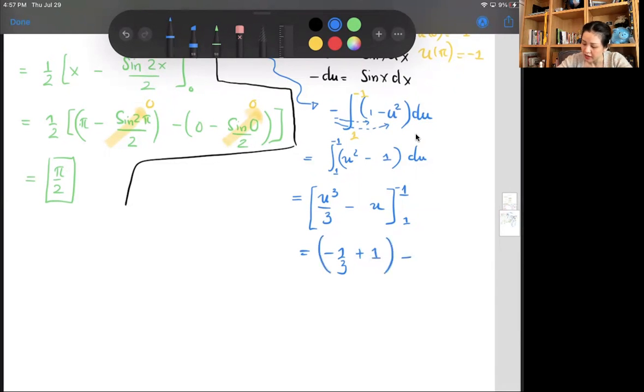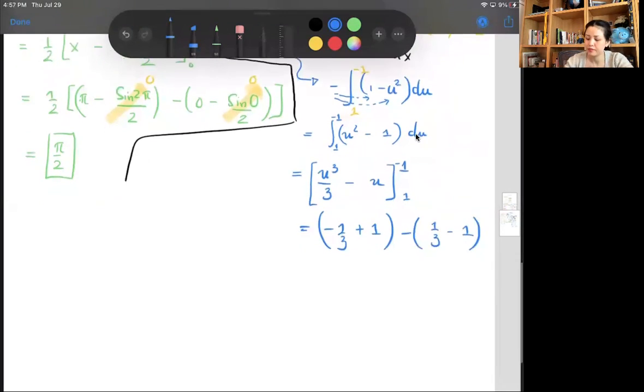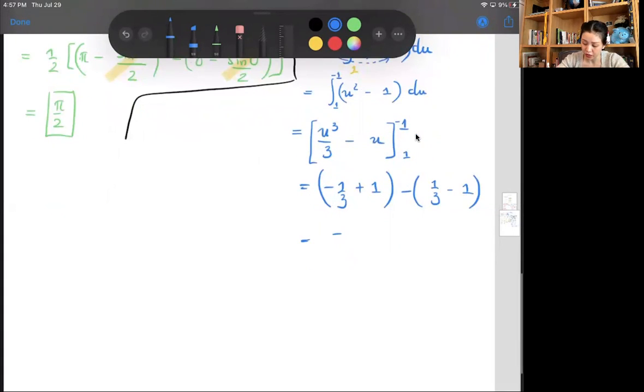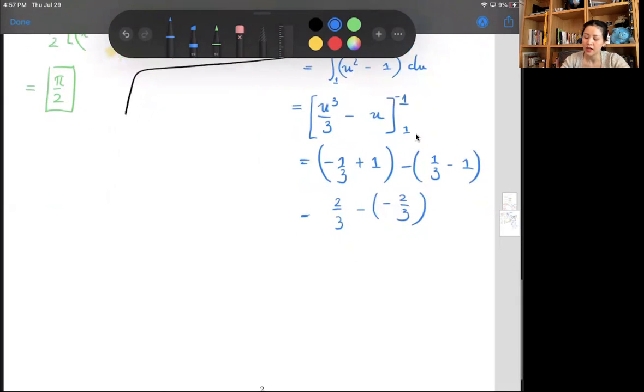Minus the lower limit, which is 1/3 minus 1. -1/3 plus 1 is 2/3, minus -2/3. Minus is plus, so I have 4/3 at the end.